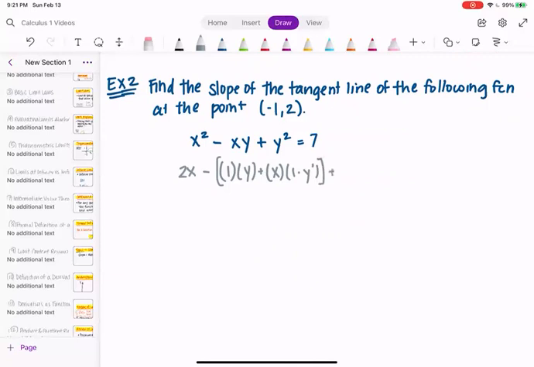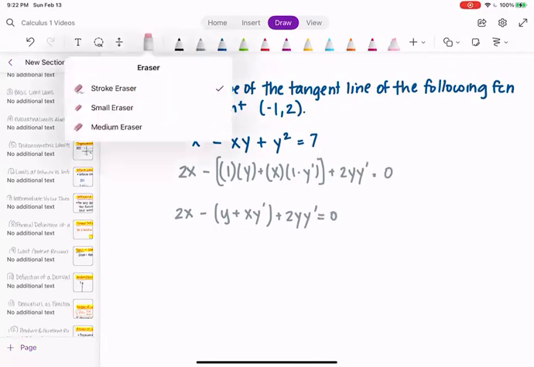And then we'll move right on to this next piece, which becomes 2y, but again, because we took a derivative of a y term, we have to attach that y prime, and then the derivative of 7, because it's a constant, becomes 0. So we have 2x minus y plus xy prime plus 2y y prime equals 0.